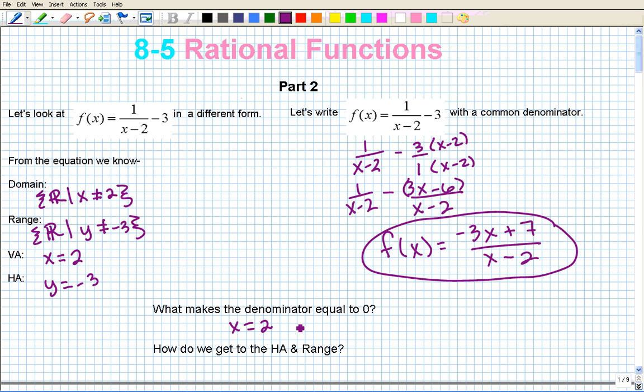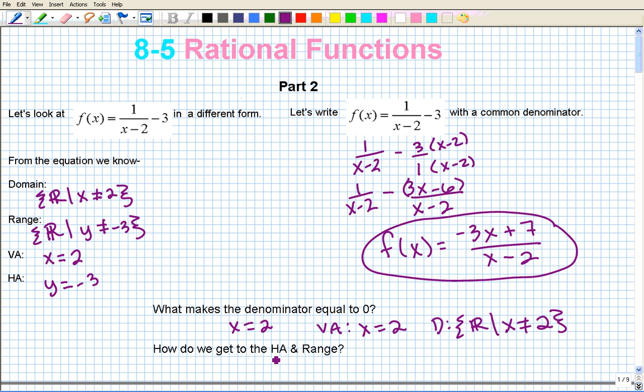So because of that, I now know that my vertical asymptote is at x equals 2, and that means that my domain will be the set of all real numbers where x cannot be equal to 2. Of course, we already knew that from the other form, but say we didn't have that other form to begin with. We can figure out the vertical asymptote and the domain by setting the denominator equal to 0. So that's one thing that you need to take note of.